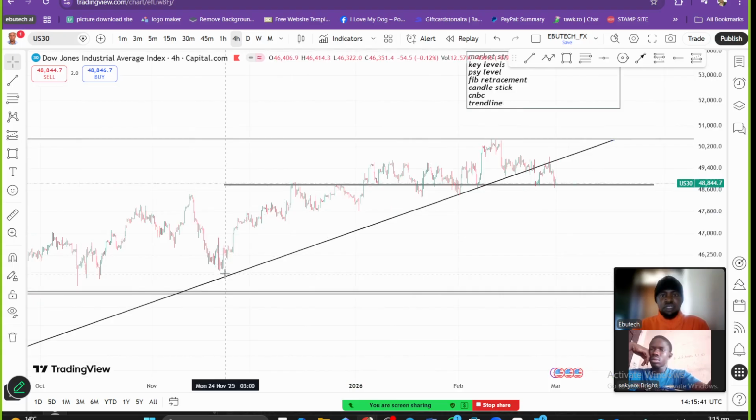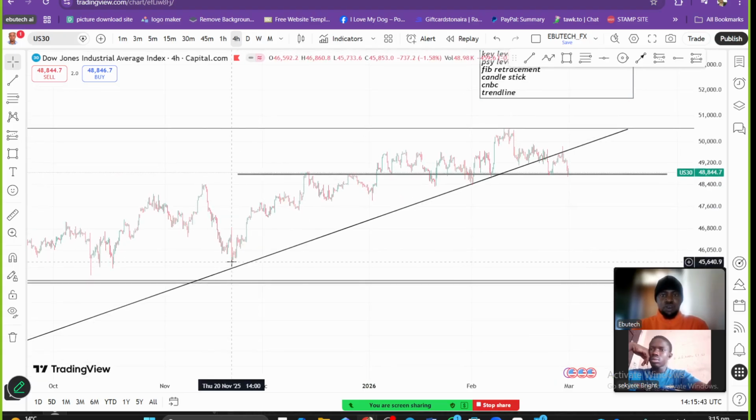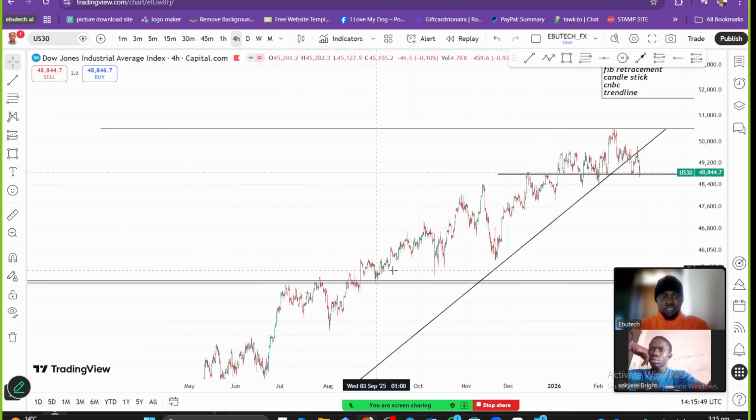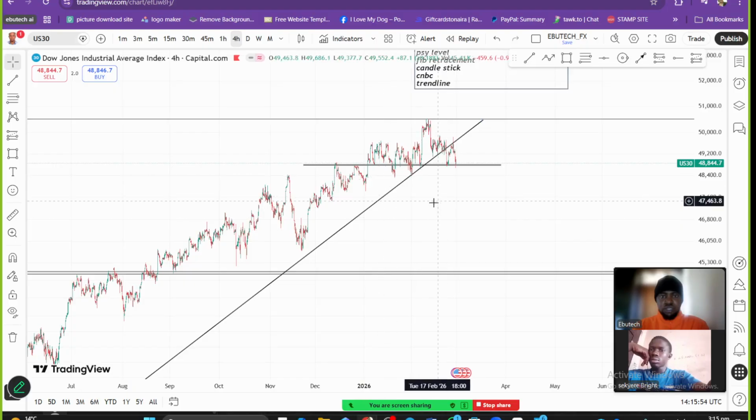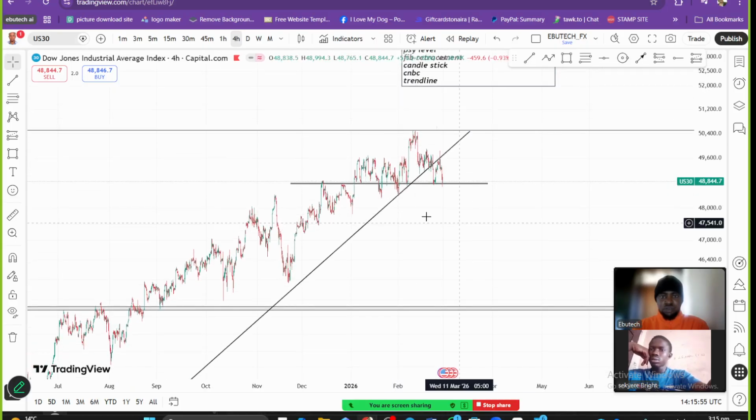This is where the market reacted before it went up to this level. This is the last resistance the market reacted to before it pushed up. Can you see? This is the last resistance level.